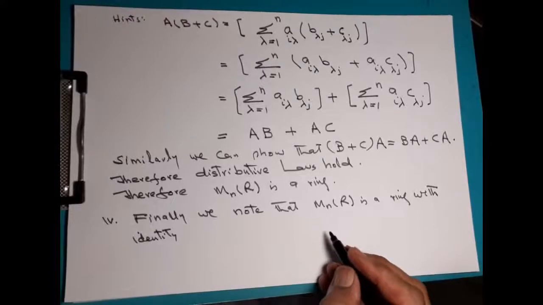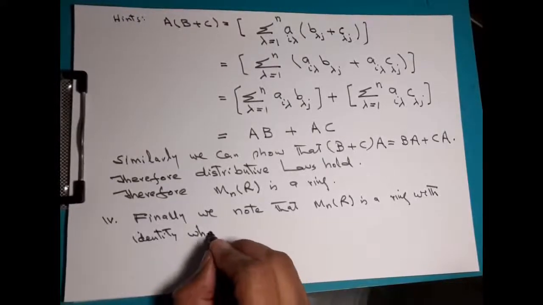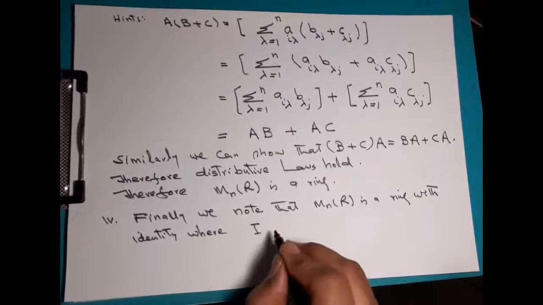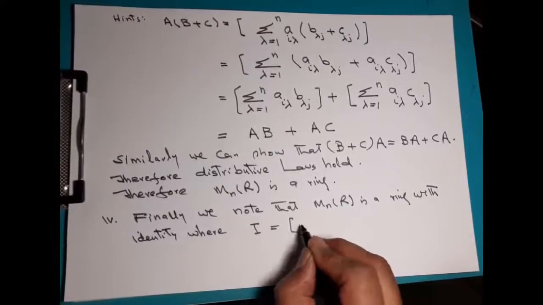We mention what identity is going to be, where let's represent it by capital I. Capital I is equal to this particular matrix.